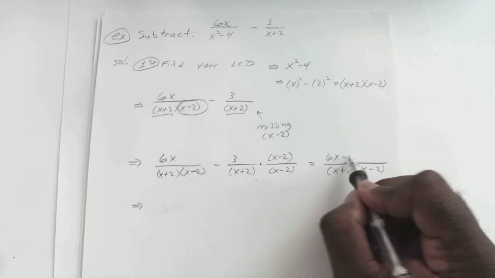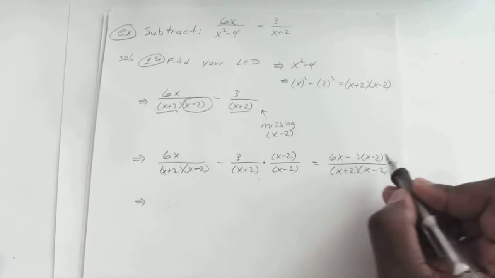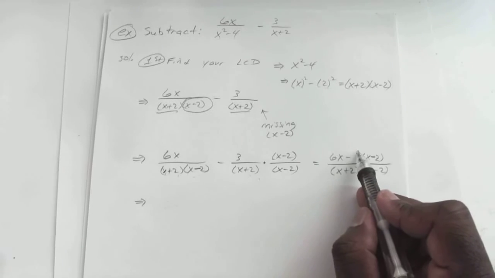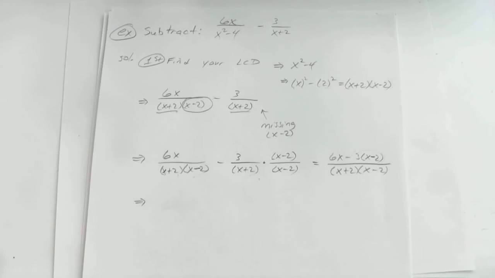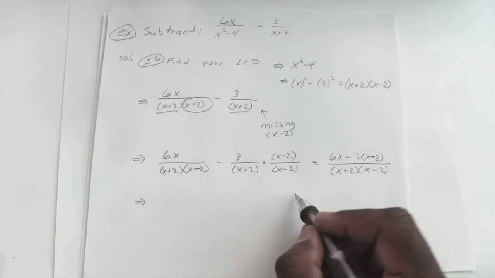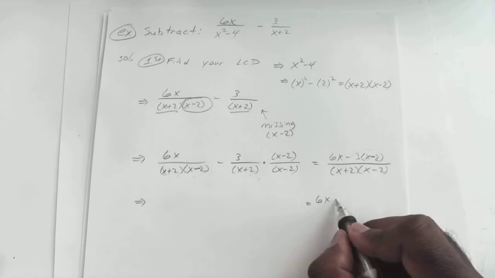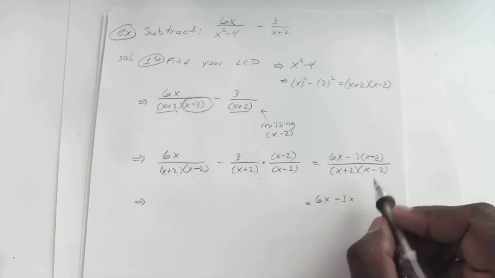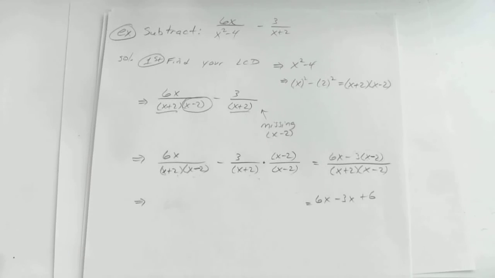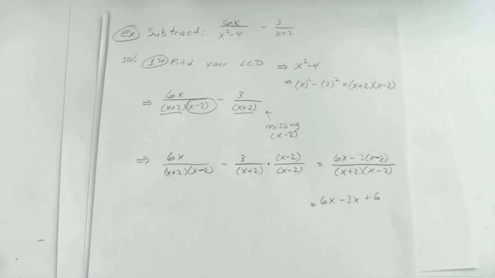So you have 6x minus 3 times x minus 2. So this is really just one term, so you don't have to use an extra set of parentheses. You can just distribute the negative 3. Okay, so that becomes 6x minus 3x plus 6, over x plus 2 times x minus 2.